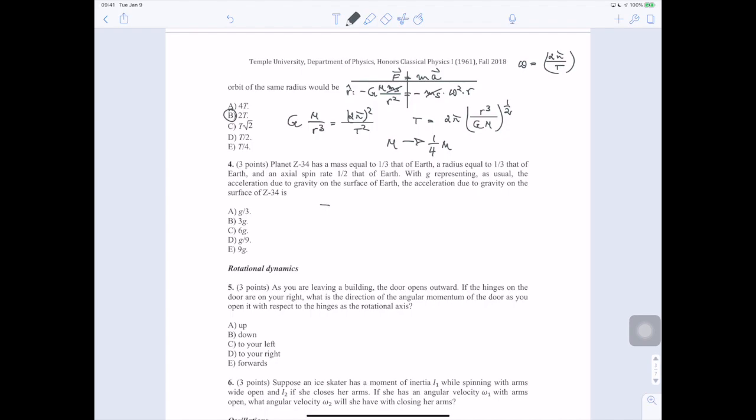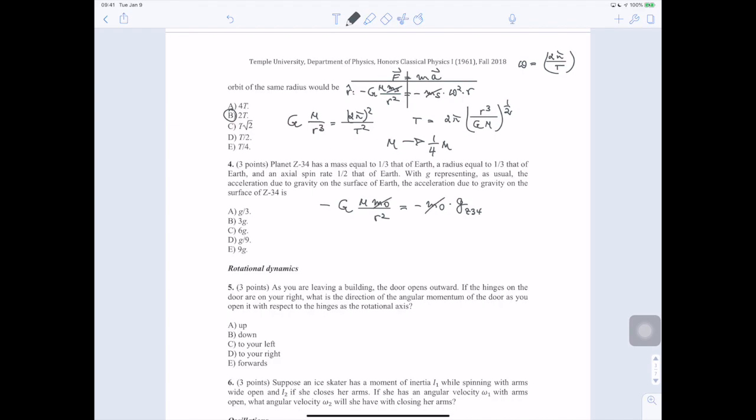Well, so first of all, what is relevant here right now is minus G M, the mass of an object m_o divided by r squared, equals minus the mass of the object times g of Z34.